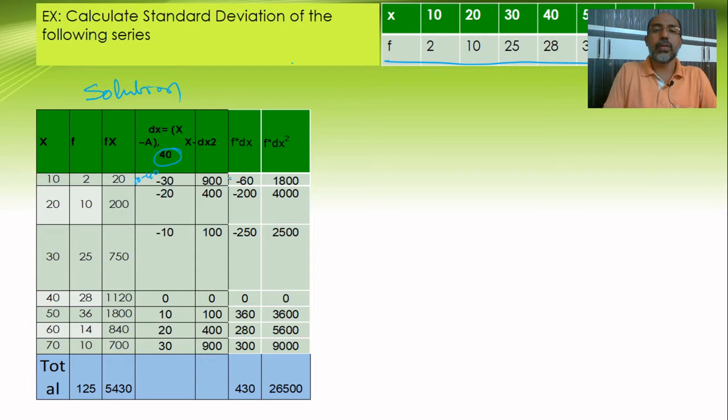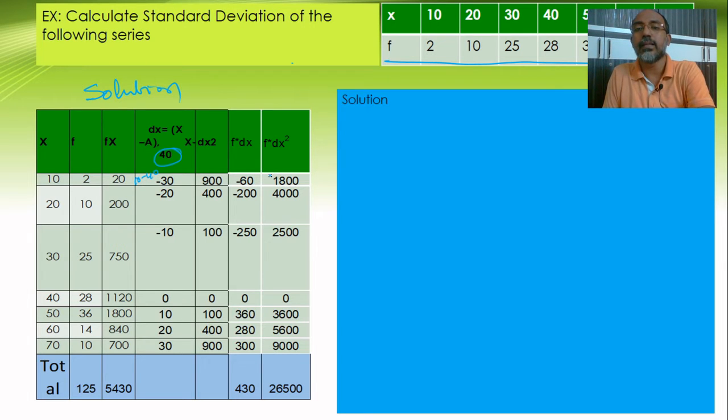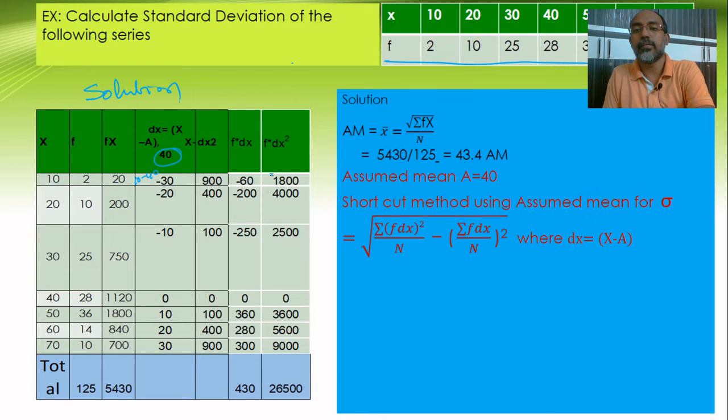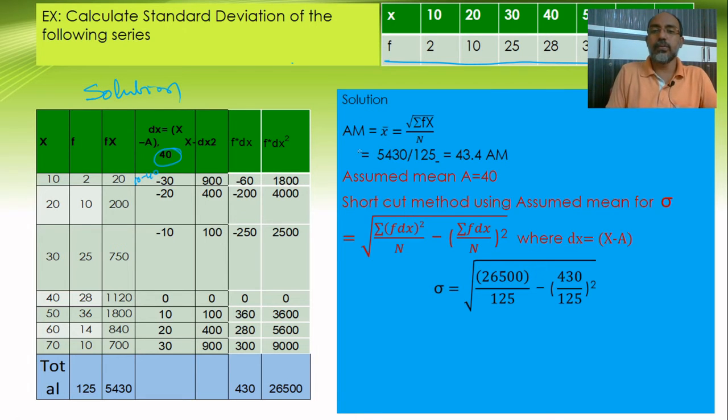Next is f into dx, because the formula itself requires it. We want f into dx and f into dx square, and we have calculated both.